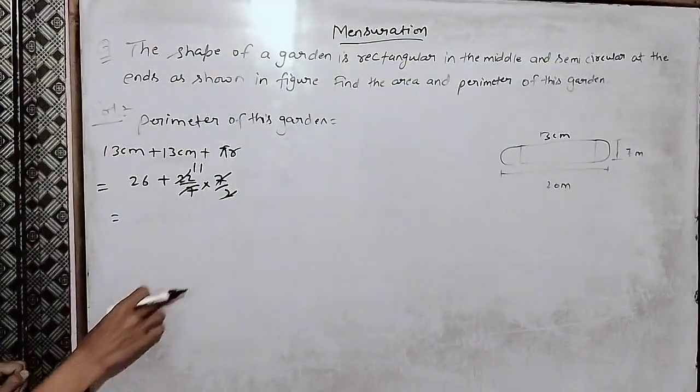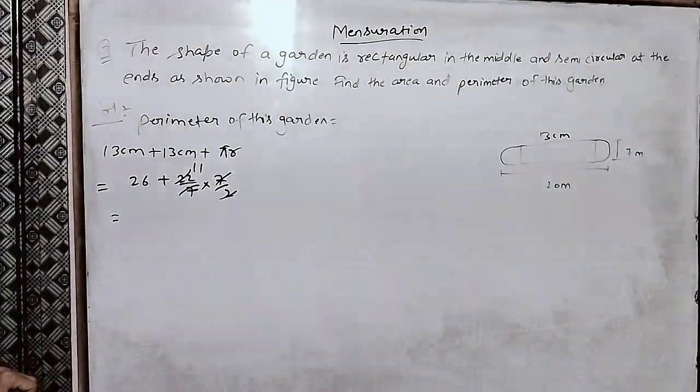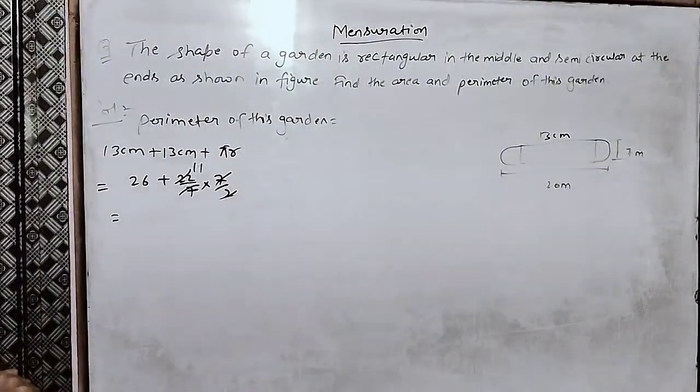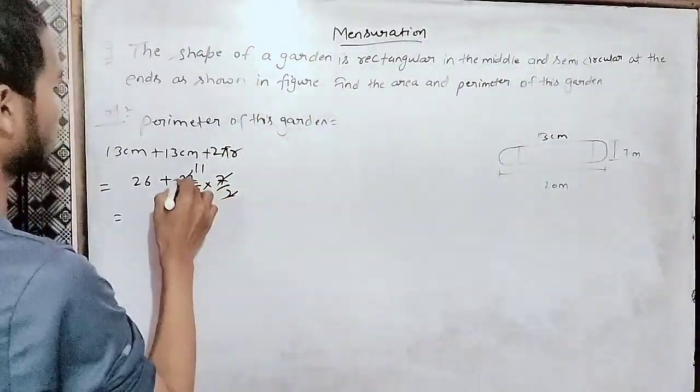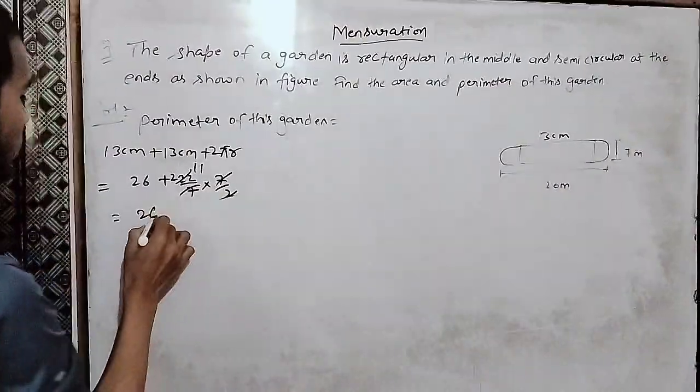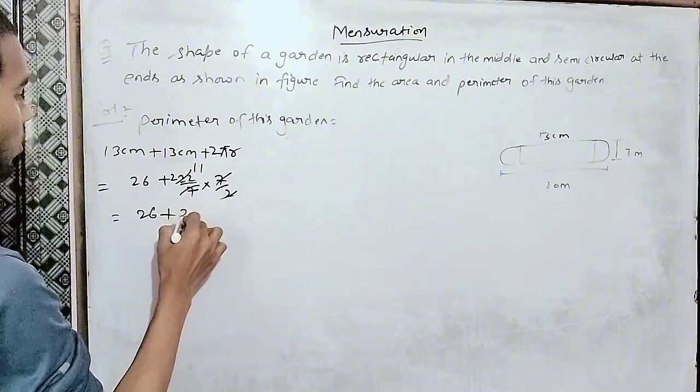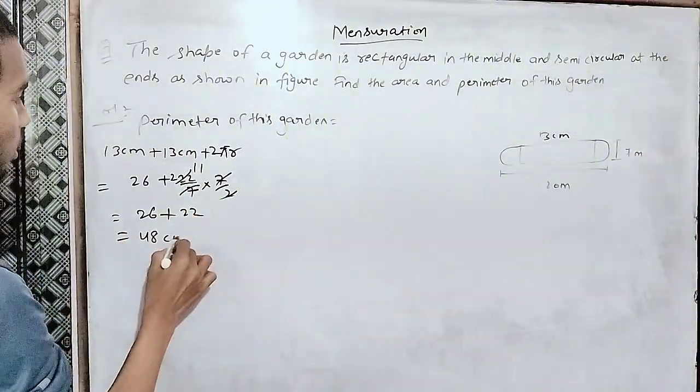And then we have 2 pi r. 26 plus 22 would be 48.